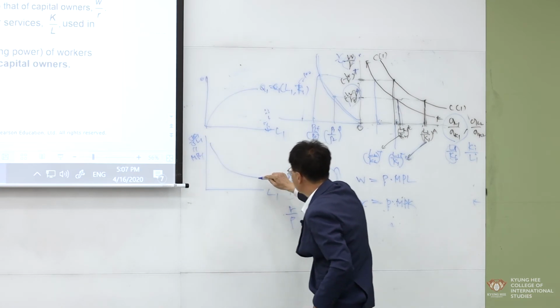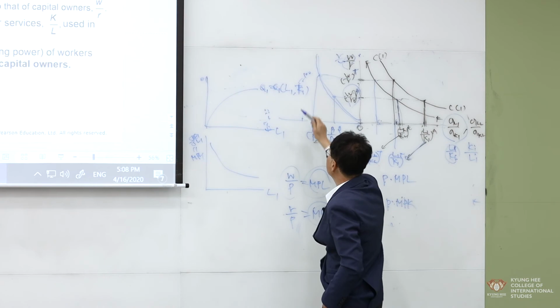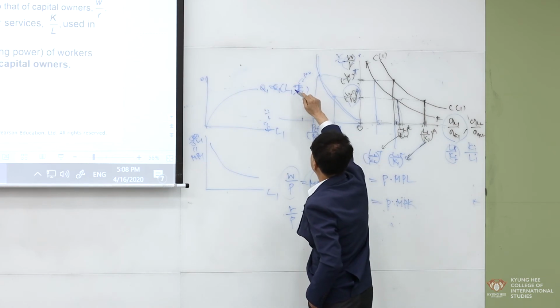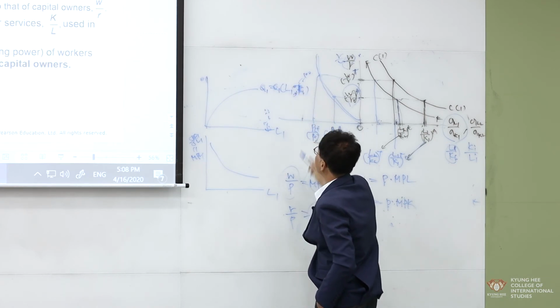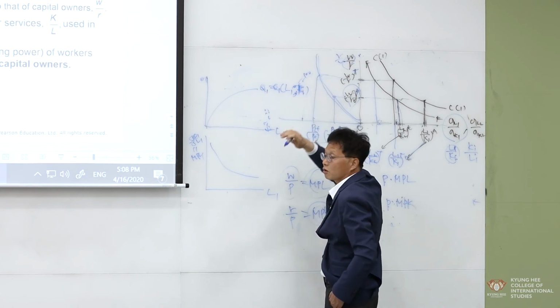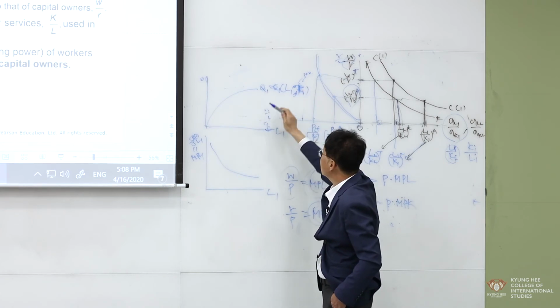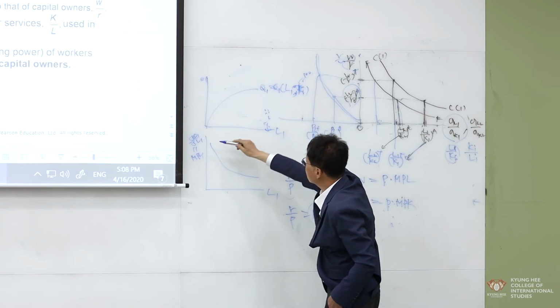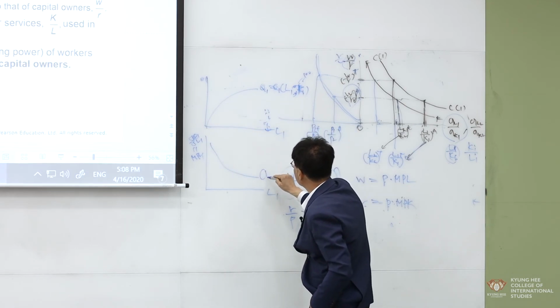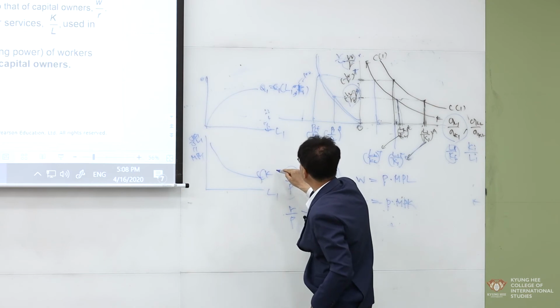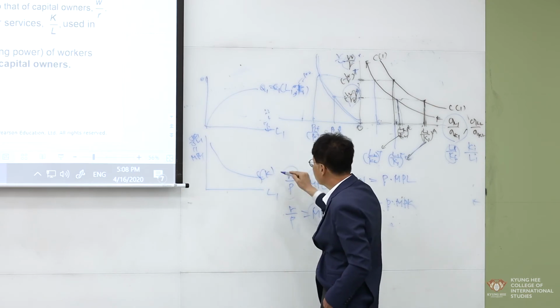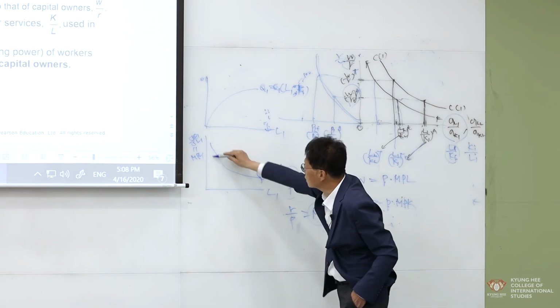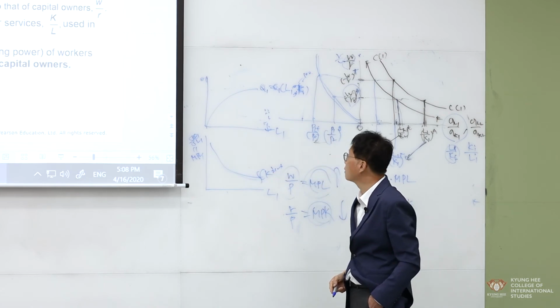Q1 is a function of labor and capital. In the short run, capital is fixed at 100, so the marginal product of labor is also a function of capital. Then we can draw this marginal product of labor curve.